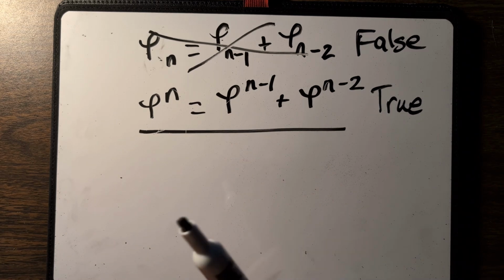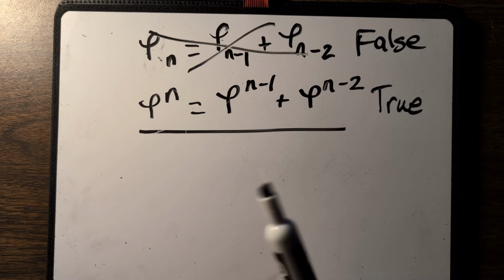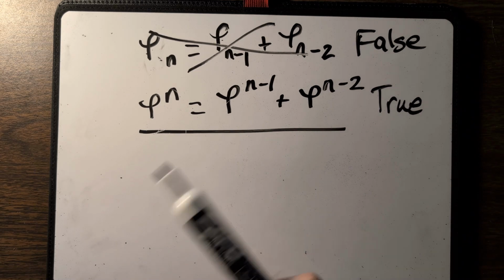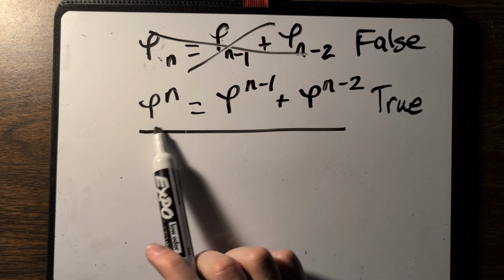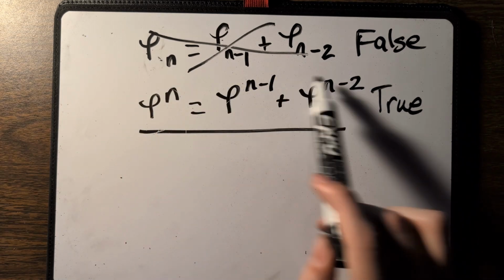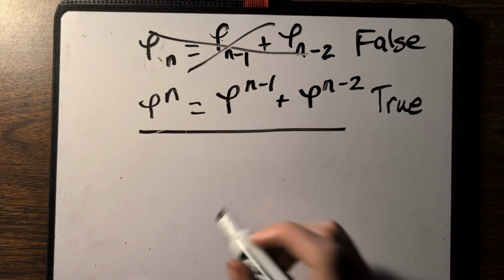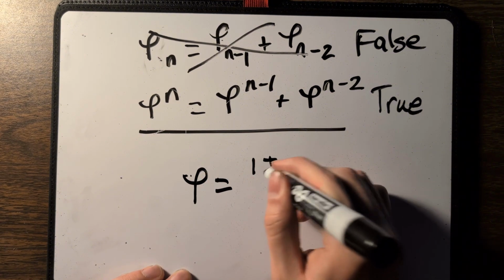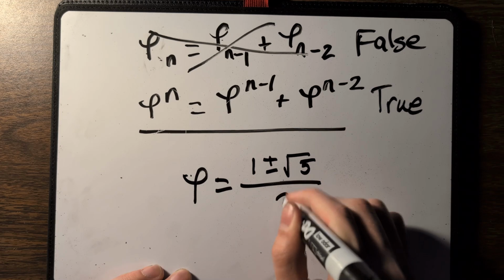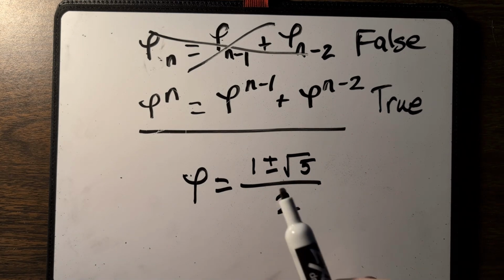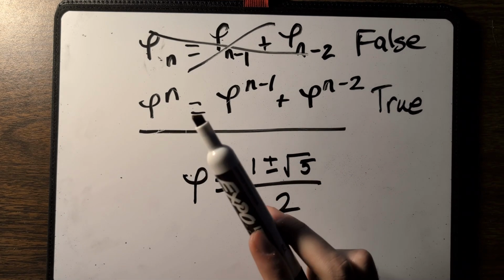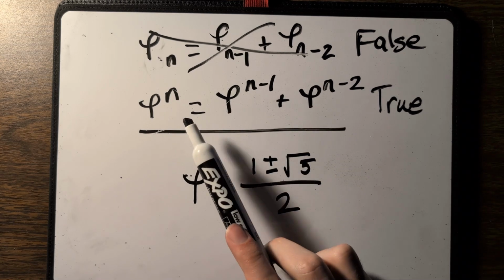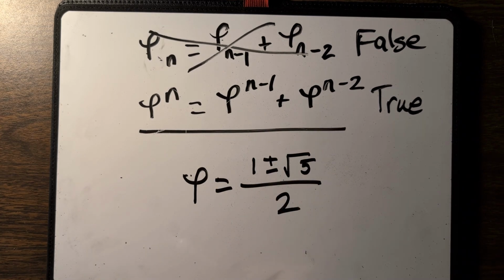So these do follow the pattern of Fibonacci recursion, just not the actual values themselves. This is the only value of the golden ratio. There's not multiple values. But you can take the powers, and they do follow this pattern.